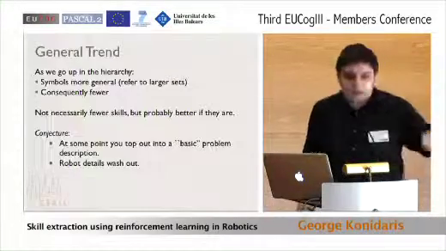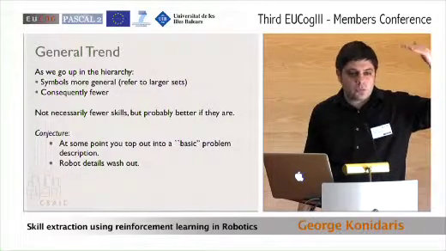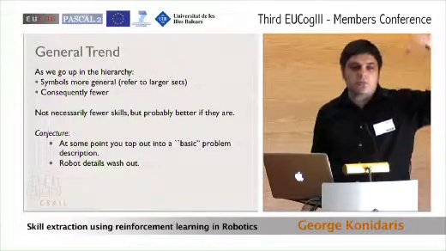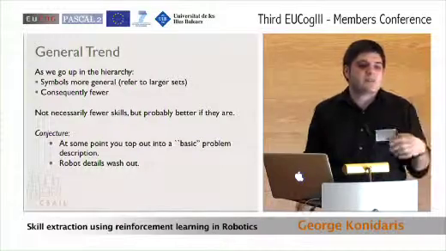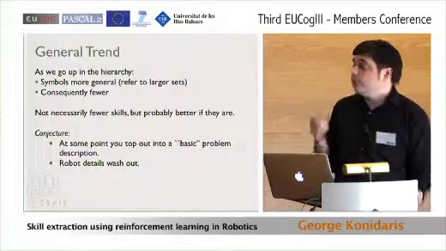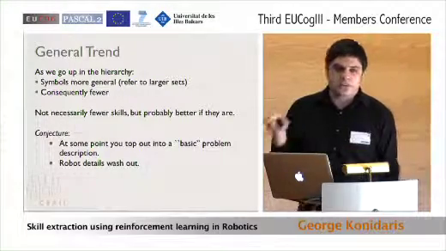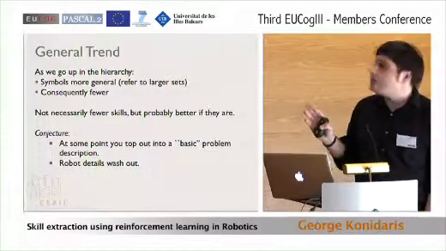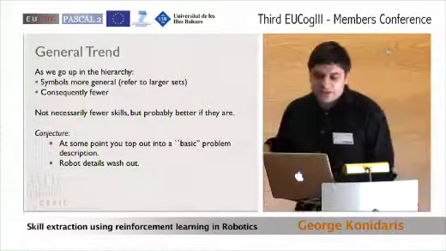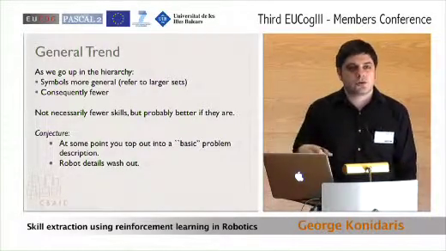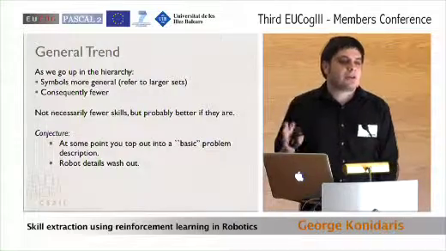So what happens here is as we go up in this hierarchy, as we apply skill acquisition one after the other, the symbols become more general. A formal way of stating that is they refer to a larger set of states. And they become fewer. You don't necessarily get fewer skills, but you should if you use a reasonable skill acquisition algorithm. And the idea here is that at some point you top out into a basic description that can't get any simpler.